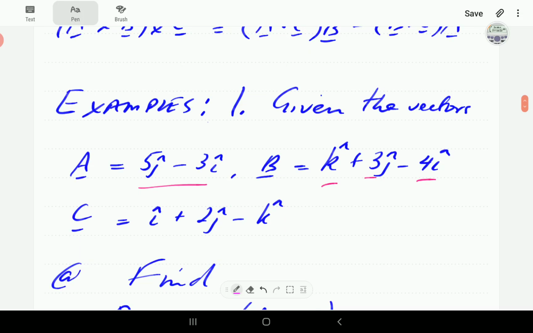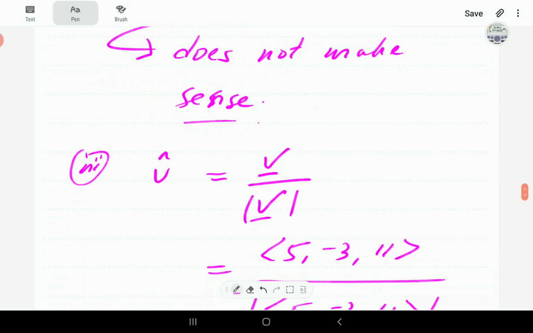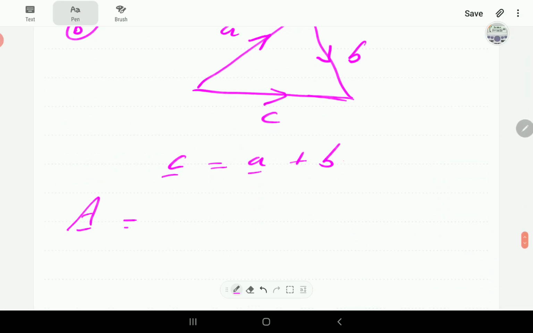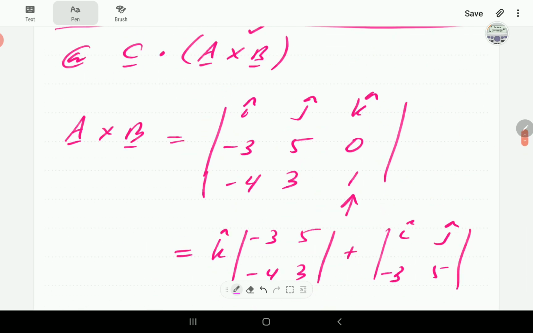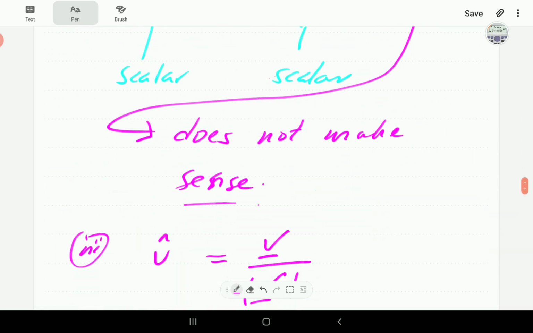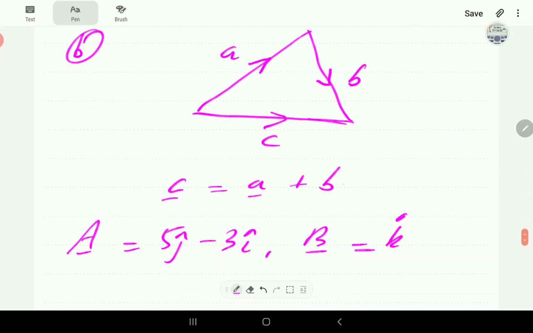So these are the three vectors we have here. A is 5j minus 3i. B is k plus 3j minus 4i.